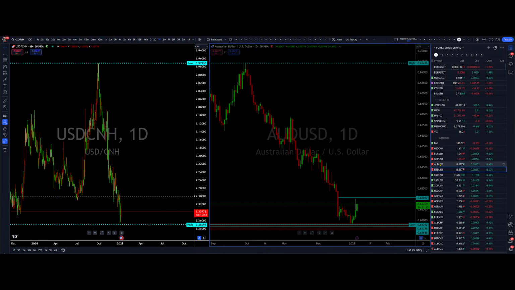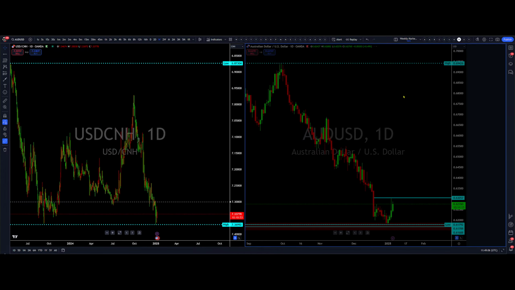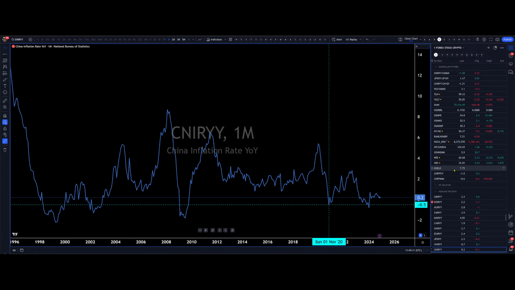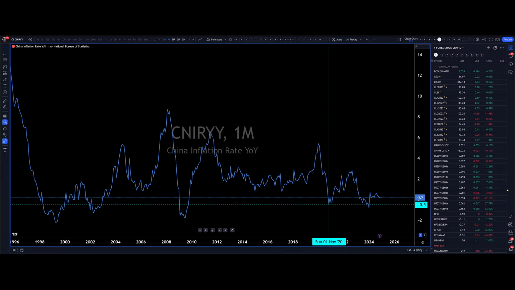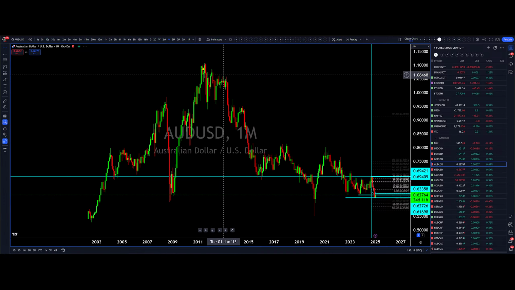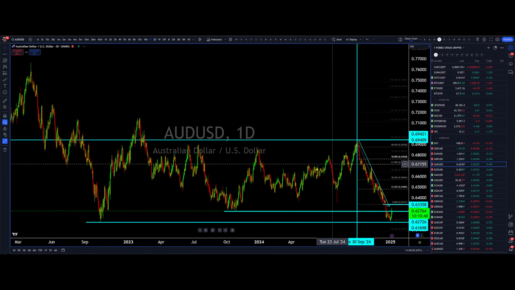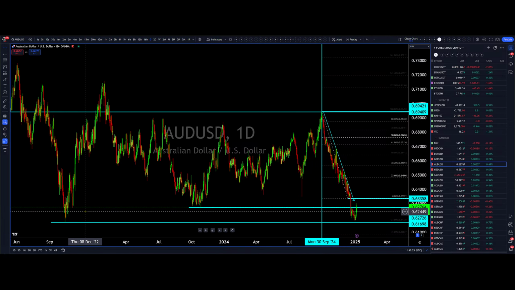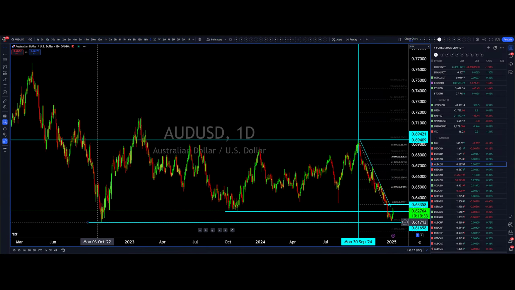It's loading. So we clearly can see that we are testing the lows, which is back in October. We formed a new low back in October 2022. So we're testing that low again.